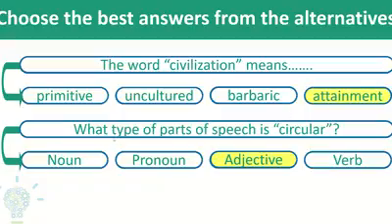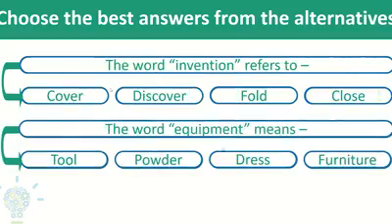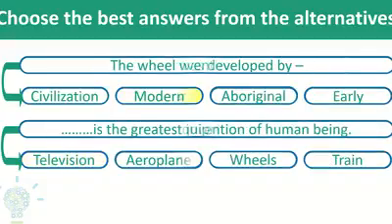And what type of parts of speech is circular? It's an adjective. Next example, the word invention refers to discovery.